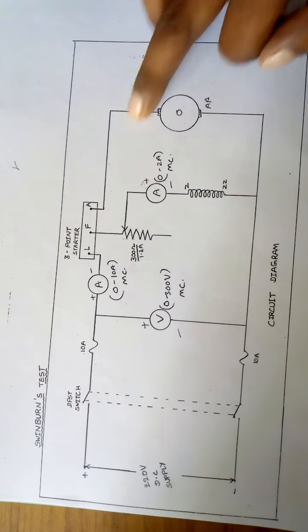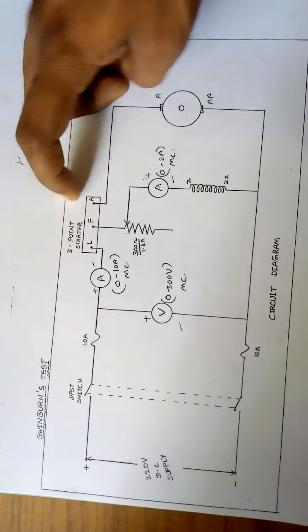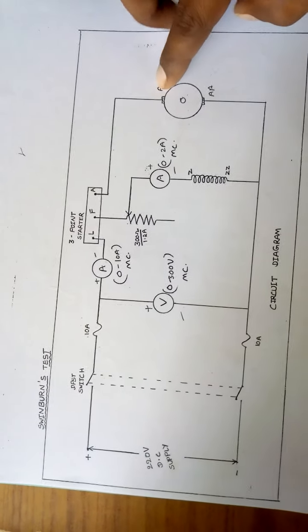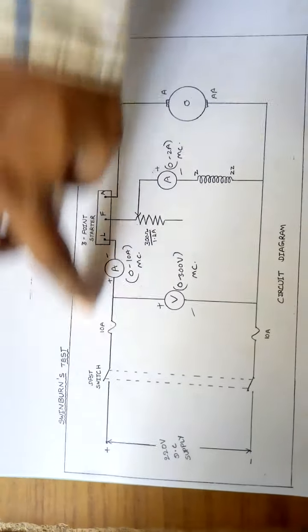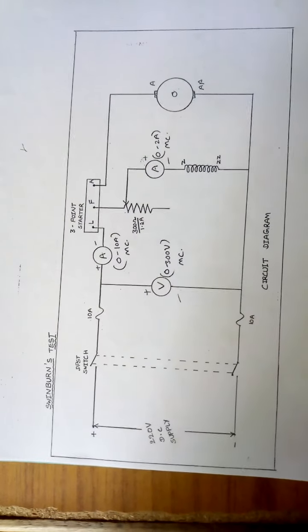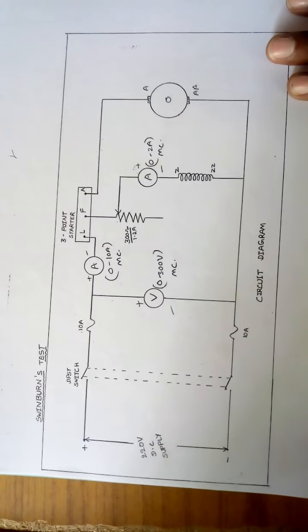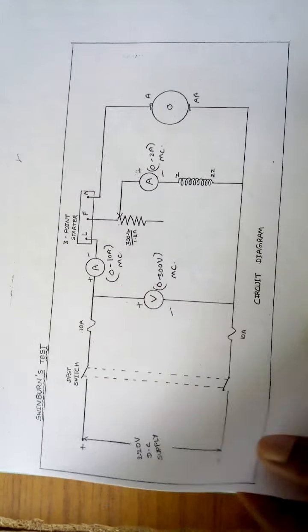The only connection left is the 3-point starter armature to the motor armature. We started with plus and end with minus, so the circuit is a closed one.